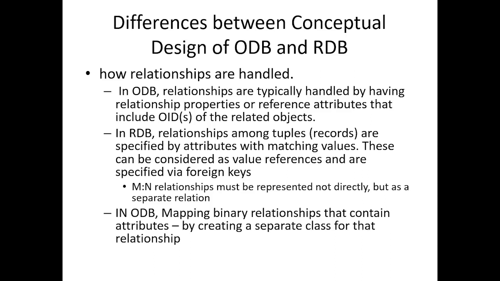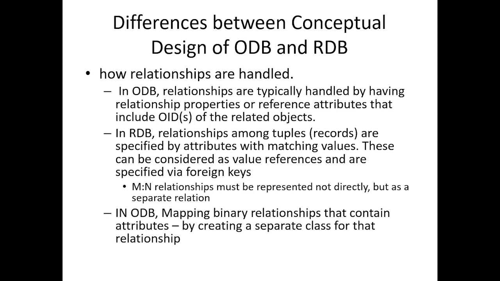And in RDB, relationships among tuples, that is records, are specified by attributes with matching values. These can be considered as value references and are specified via foreign keys, which are values of primary key attributes repeated in tuples of the referencing relation, as we know from the definition.